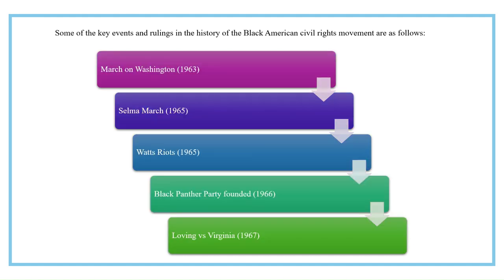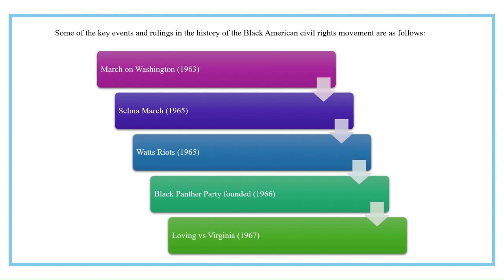Sixth, March on Washington, 1963. The demonstrations of 1963 culminated with the March on Washington for Jobs and Freedom to protest civil rights abuses and employment discrimination.